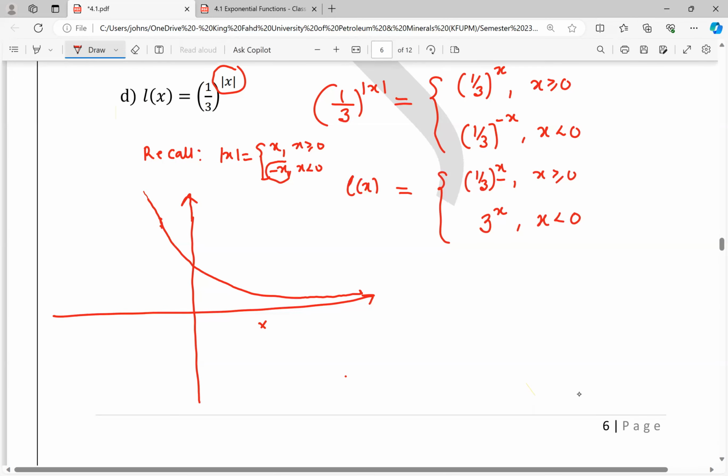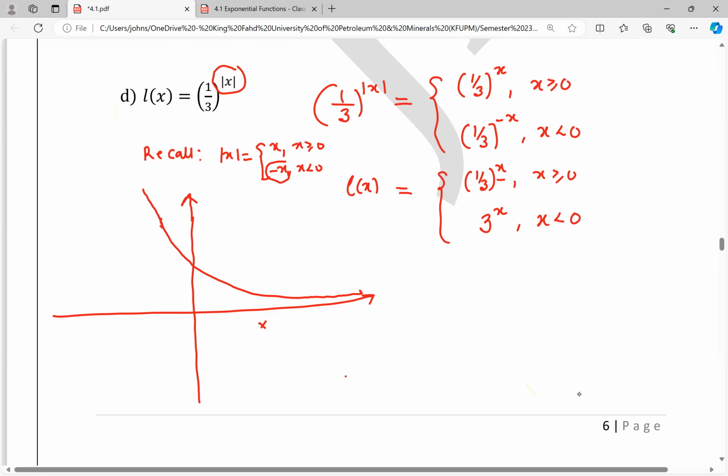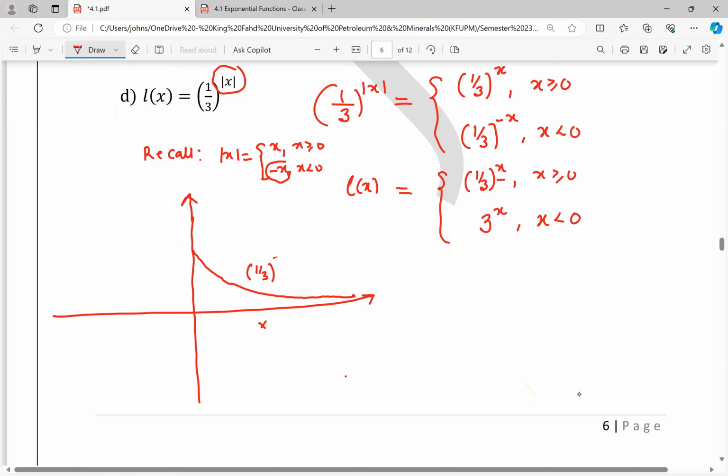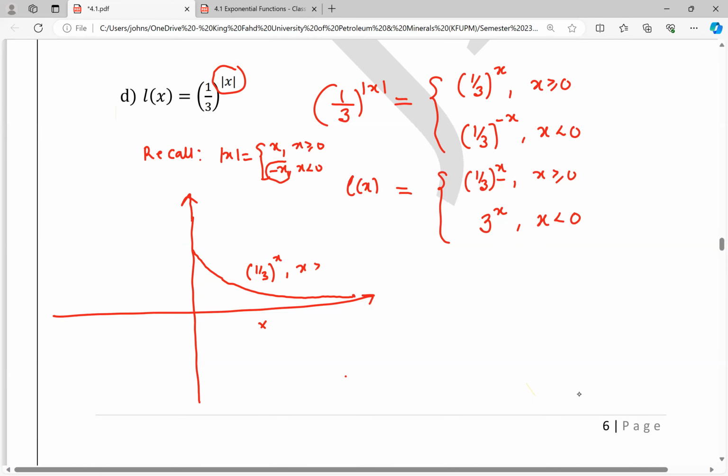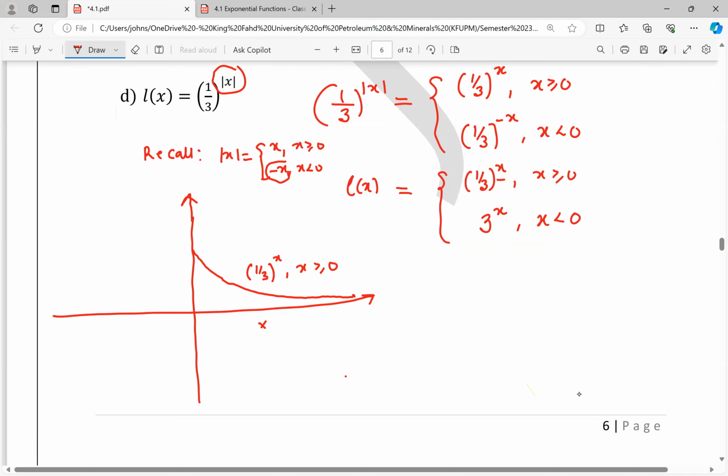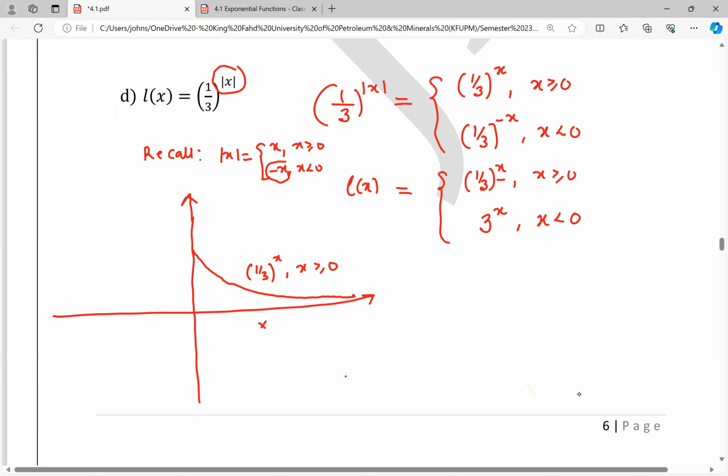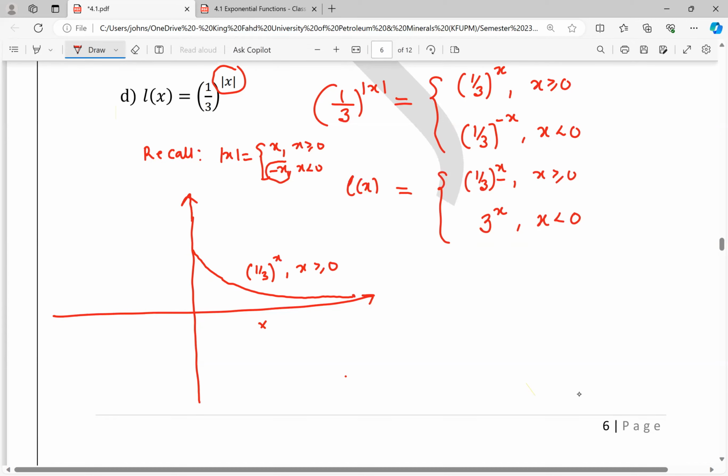It cannot continue going to this side. So you have to stop because it is at x greater than or equal to 0. You have to remove any part that crossed to the other side, so it will just be something like this. So this part is 1 over 3 to power x when x is greater than or equal to 0.